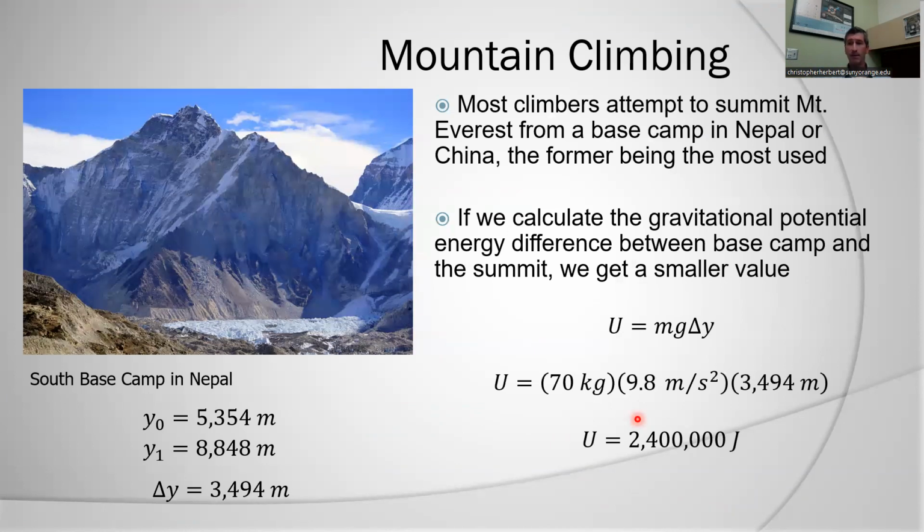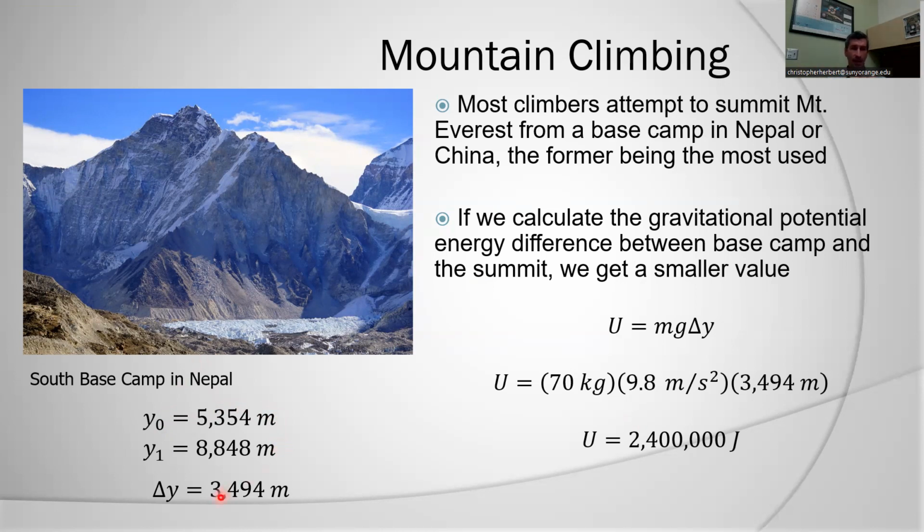Base camp to the peak is about 3,500 meters. This is from the base camp approaching from Nepal. If you're to do so, you start at an initial height of 5,354 meters, where there's more oxygen, and then you subsequently climb to different camps and summit at 8,848 meters.